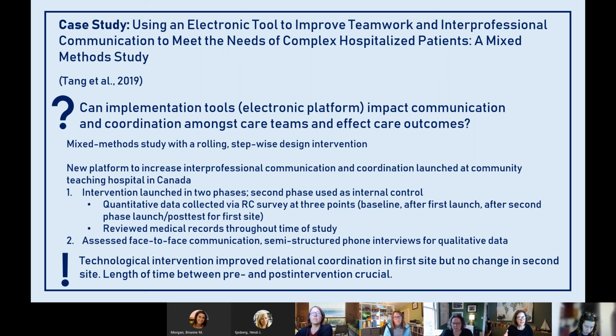And so all of a sudden they might have some pretty decent relational coordination, even at quote unquote baseline, though they had done some work beforehand to establish that. And so then we will do whatever interventions we choose to do, and we'll come back and maybe not see an impact on the quantitative assessment of relational coordination because it was the very pre-work that was so impactful.